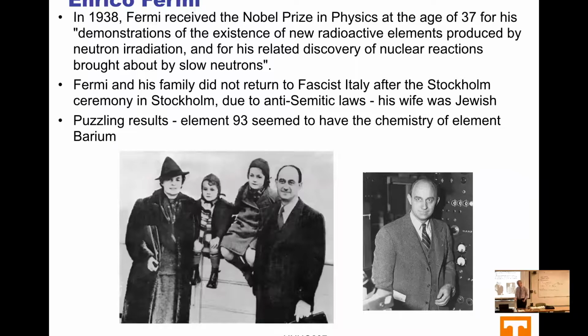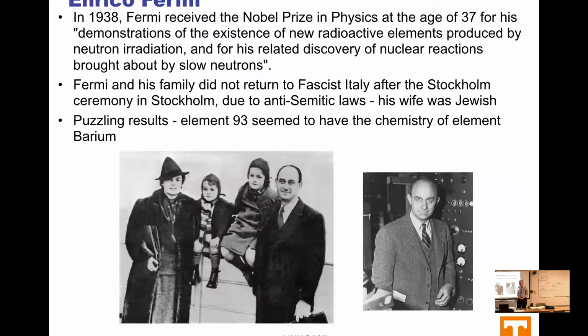By definition, she was Jewish, but somehow a mistake was made and her passport was not stamped Jewish. That was a clerical error. And because of that, they were able to leave as a family to go to Stockholm in 1938 or 9 to accept the Nobel Prize. And then they didn't go back to fascist Italy. Then they came to the US.